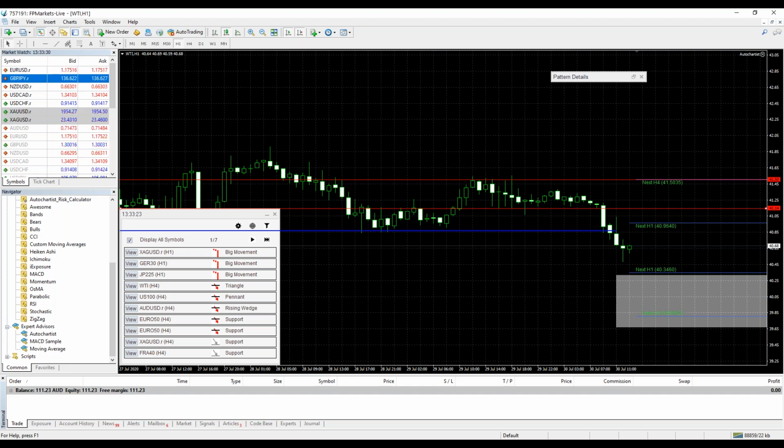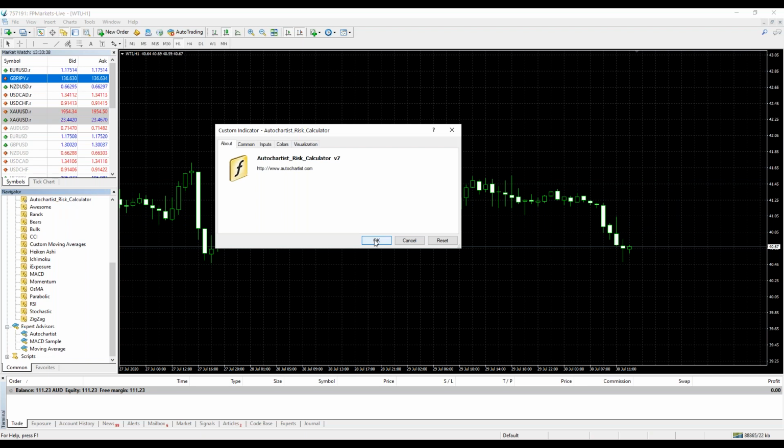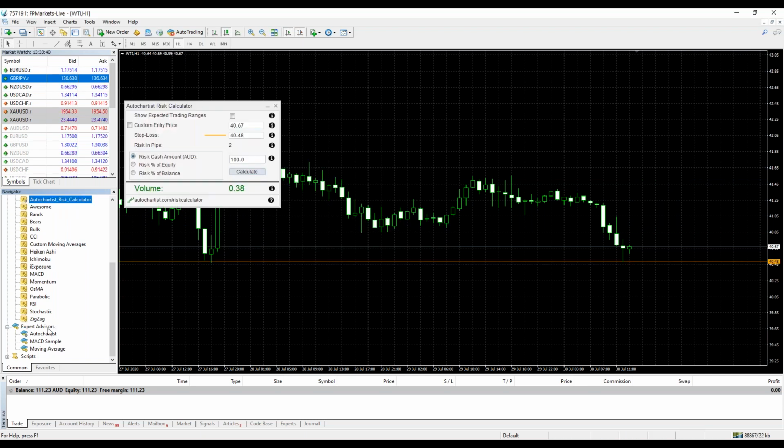Now, the thing is, from an actual risk perspective, you don't have to use the Autochartist expert advisor to see that. You can actually see them from the risk calculator. All you do is click show expected trading ranges, and it shows you the same ranges. So from a risk perspective, you see it immediately, right?